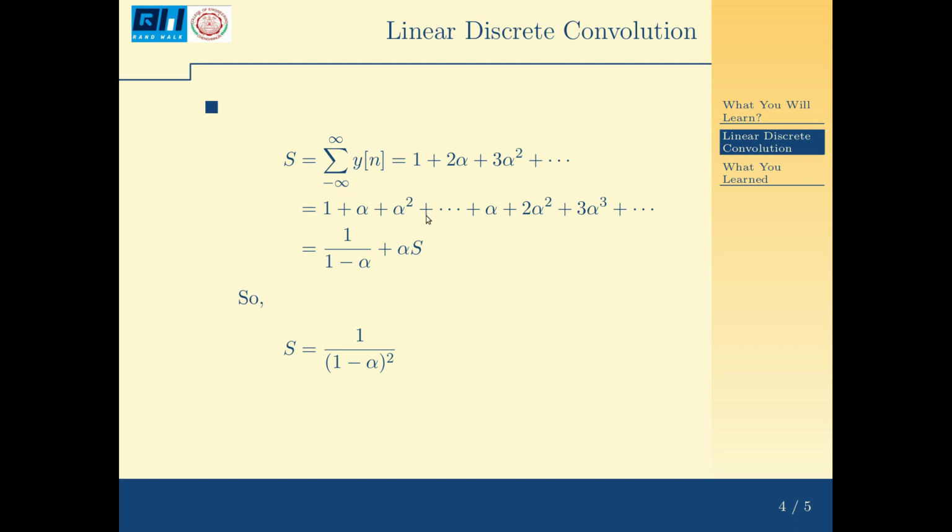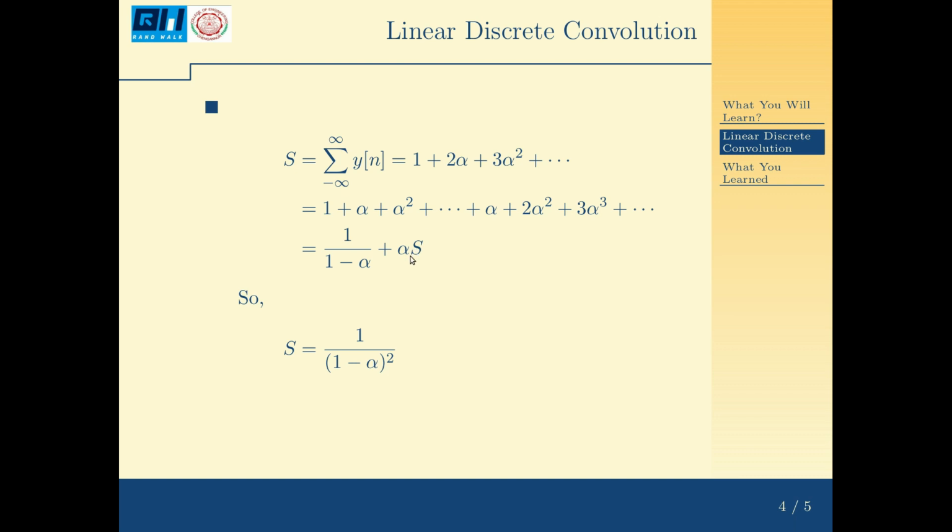This 1 plus alpha square etc. up to infinity, by binomial series, is 1 by 1 minus alpha. And this is nothing but alpha into 1 plus 2 alpha plus 3 alpha square etc., which is my original sequence sum S. So this is alpha S.